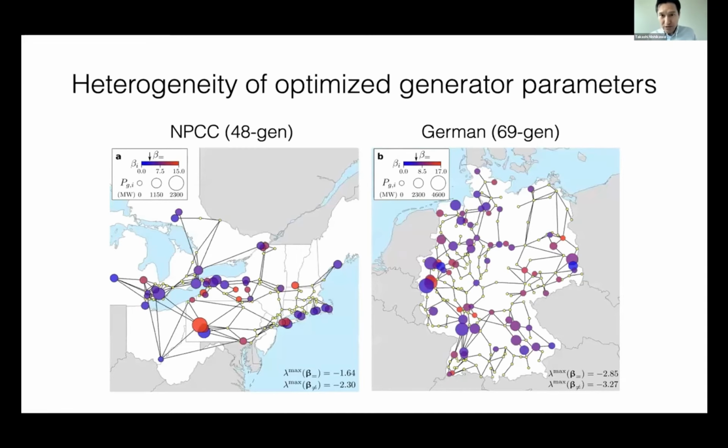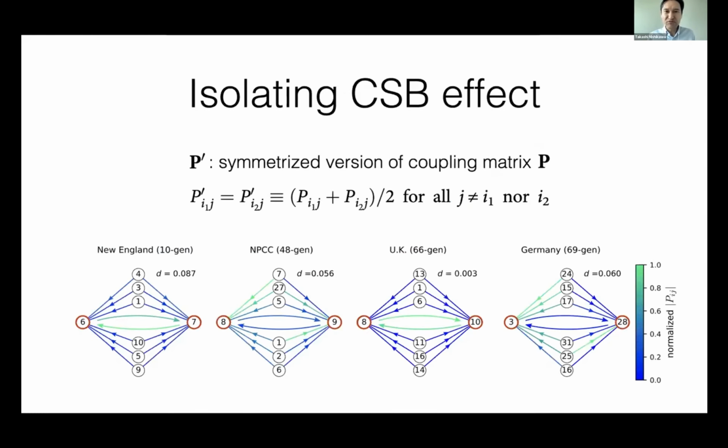You can also plot the optimized parameters beta sub I on a map, and what it shows is that the heterogeneity of the optimized choice is actually in a non-trivial way distributed across geographic space. At least those 2 for which I have the geographic information.